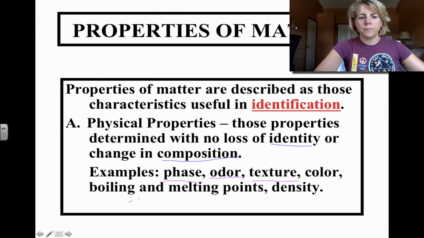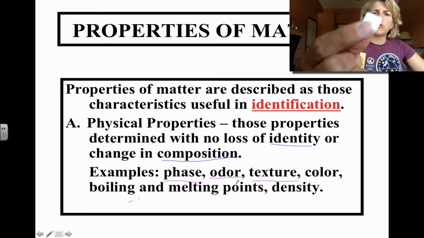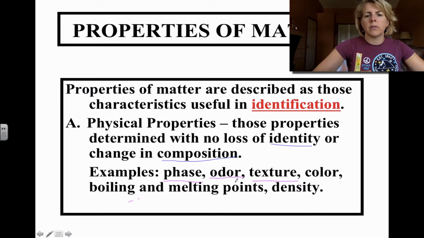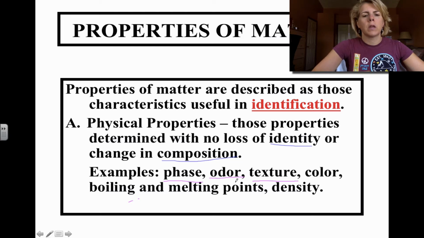Color, too, would be another way of describing the matter. I'm assuming that with a sugar cube, you know that it's white, just something that's typical of sucrose.